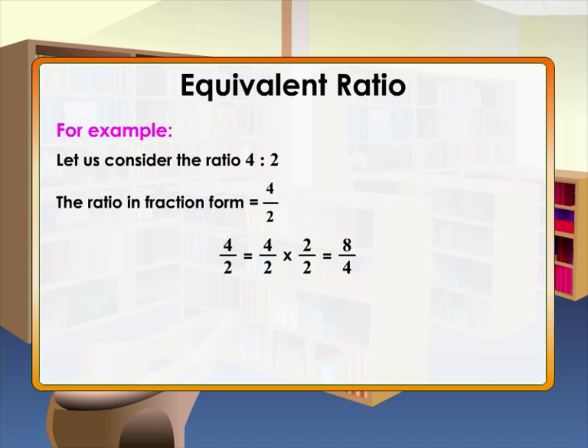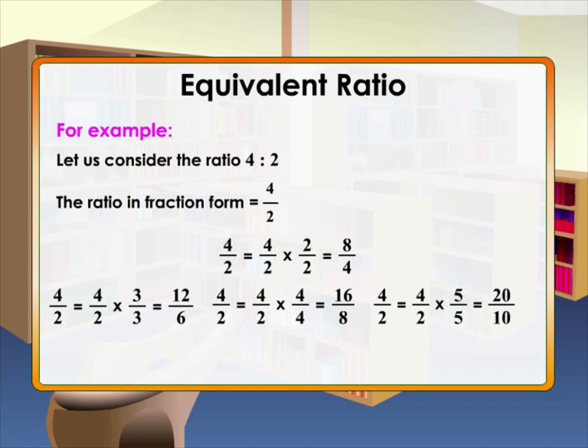We get 8 divided by 4. In the same way, to find subsequent equivalent ratios, you have to multiply by 3, 4, 5, etc. You will get 12 divided by 6, 16 divided by 8, 20 divided by 10, etc.